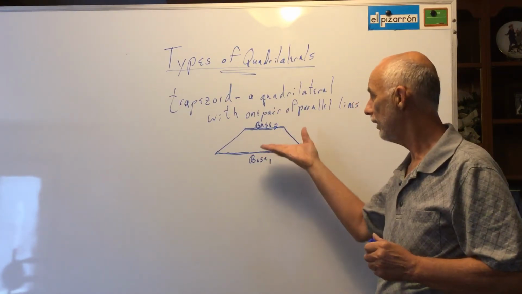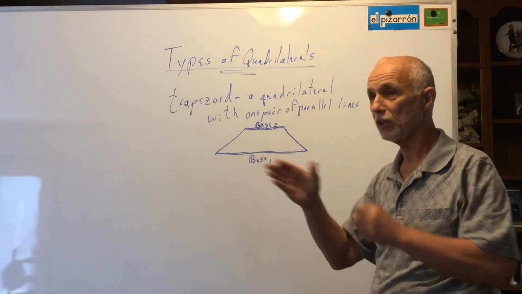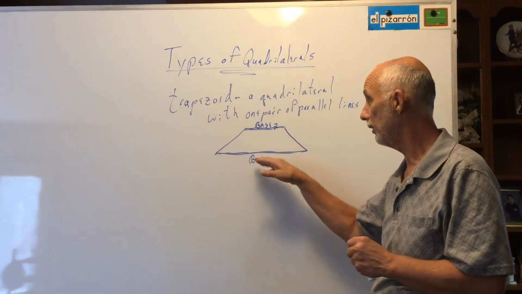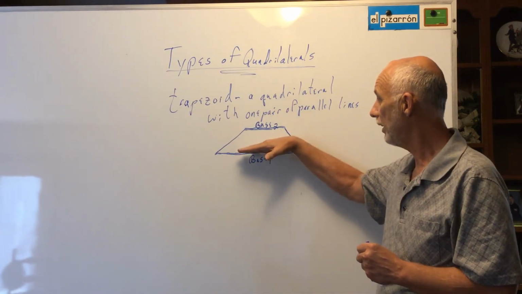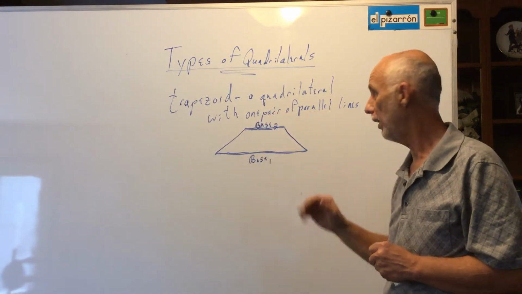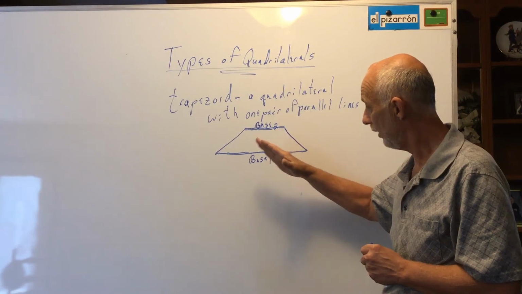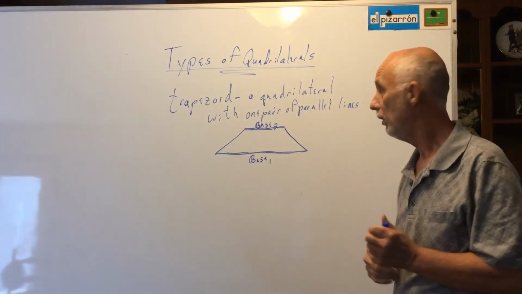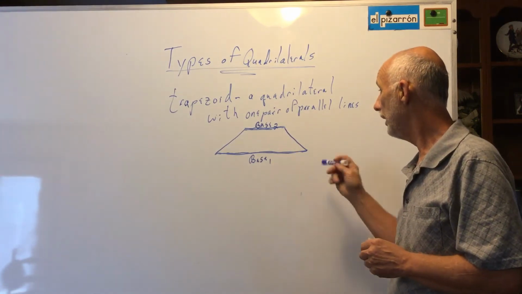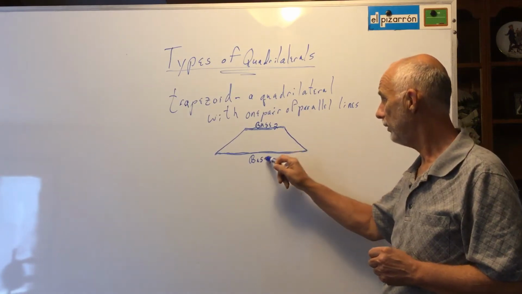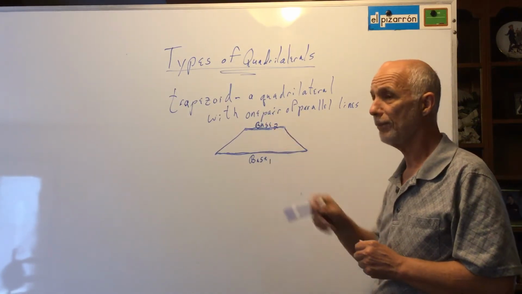If you wanted to sit this thing down flat on its base, that's where it gets the name base, you would want to set it on one of these two parallel lines. You wouldn't want to set it on one of the sides because if you set it on an angle, it would just fall, okay? So again, the bases are the two parallel lines, the top and the bottom.